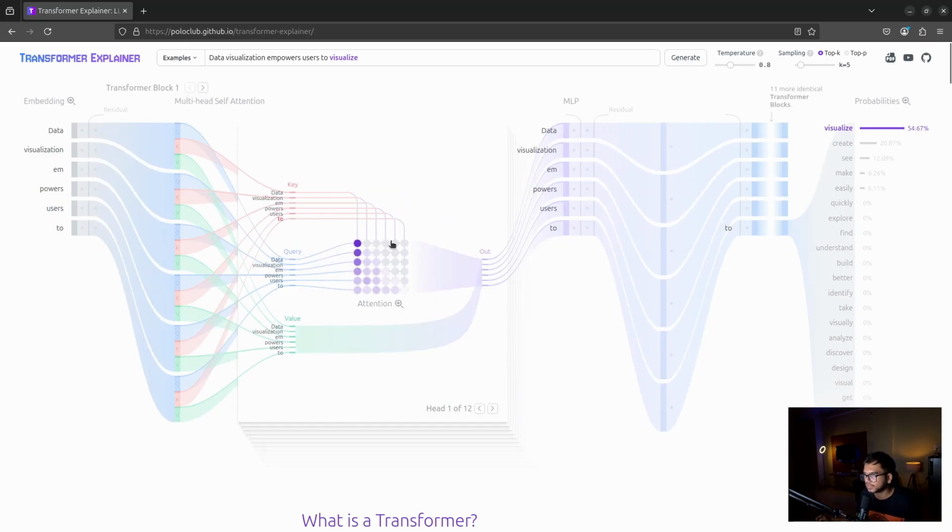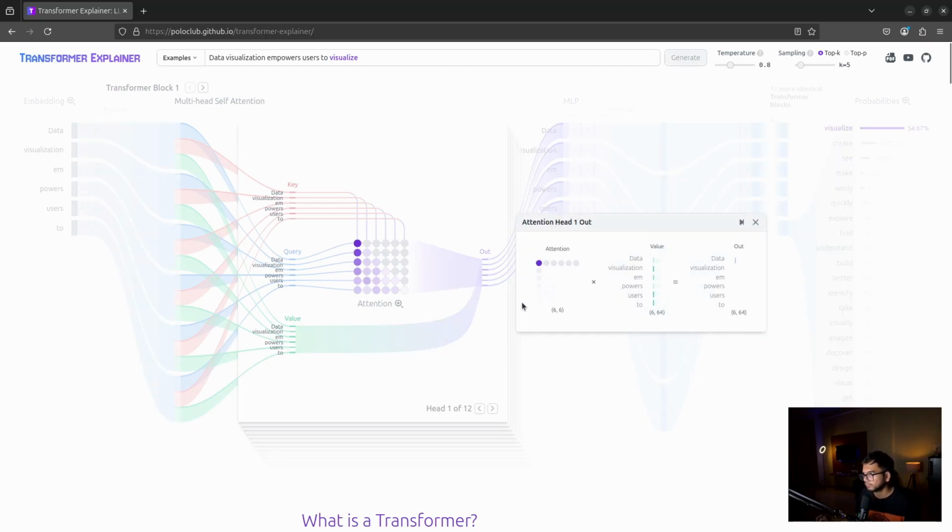This is done in the attention block for each head. Like this attention block, we have 12 heads. If you go into the next head, you will get a similar kind of output. But one more thing I need to explain here is the value matrix. If you click on this value matrix, you can see how the attention is used for each value. In this part, we are doing a cross product of this attention with the value matrix.